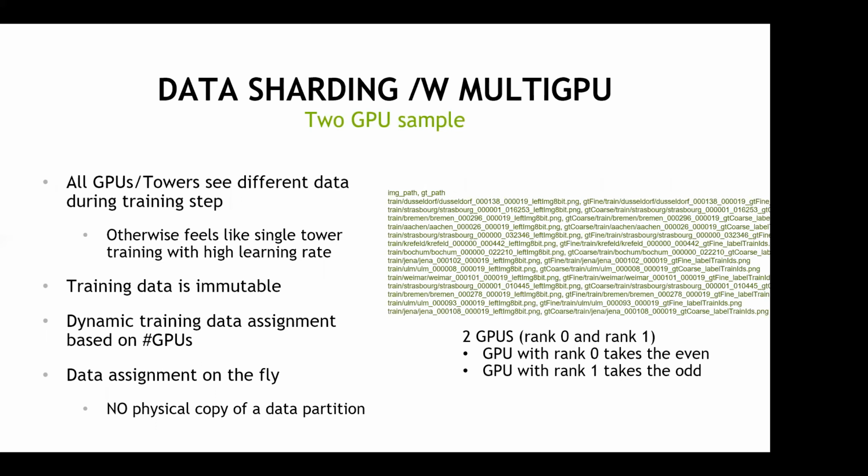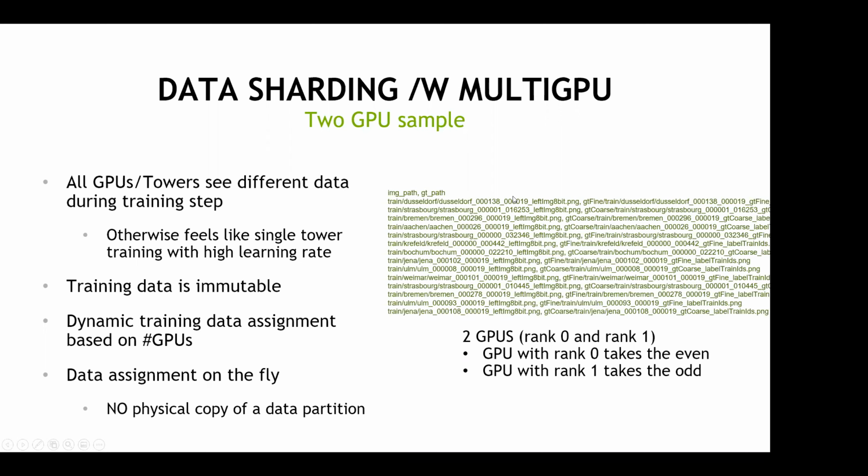So let's give a sample about data sharding. Here I was using a couple of months back a segmentation problem, and what you can see here on the right is basically two paths: a path for the image and a path for the ground truth. So this is a comma separated pair here, and they belong together.